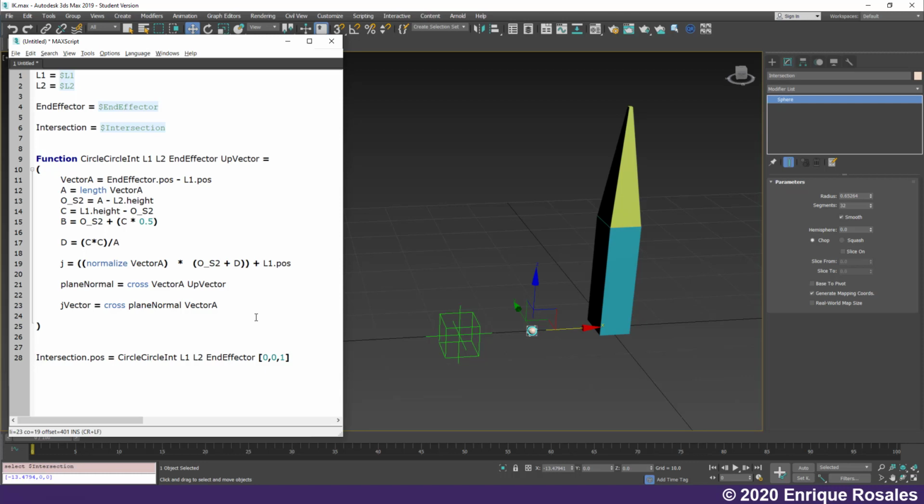However, we need this vector to be normalized, because we will multiply it by some distance.